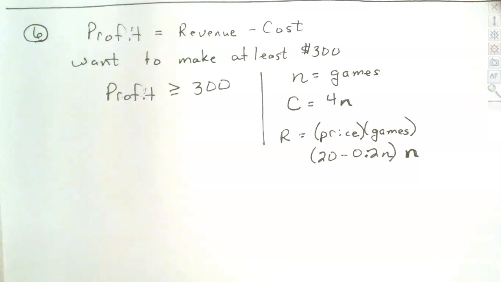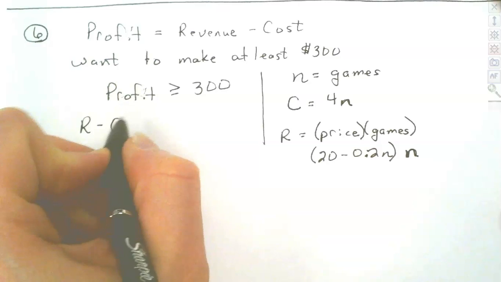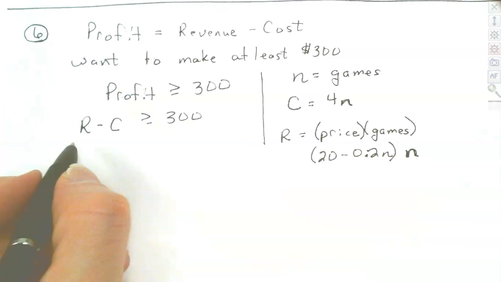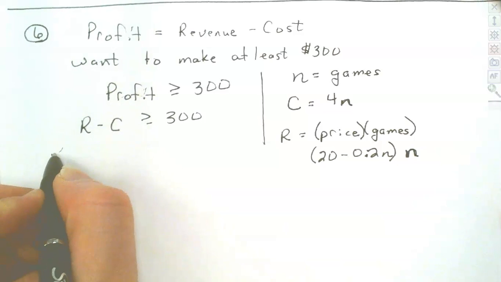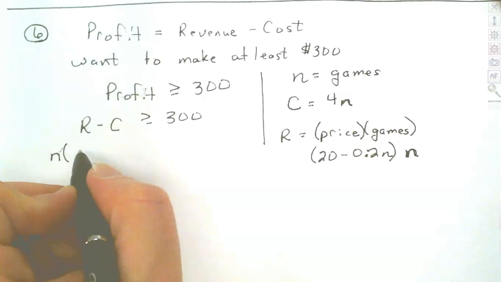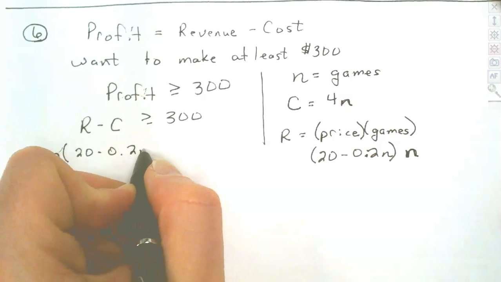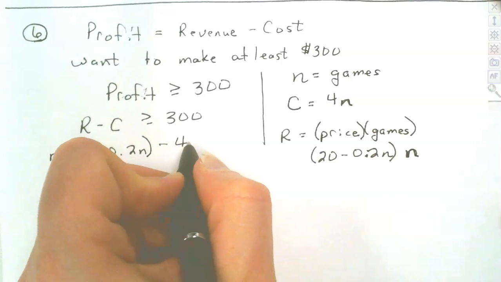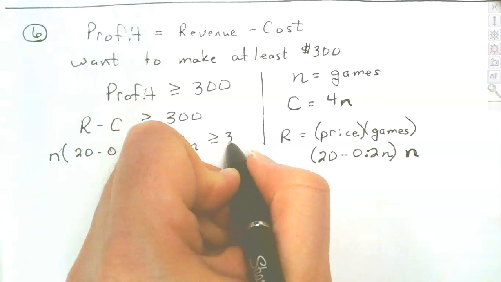So let's now look at our profit. So our profit is our revenue minus the cost. And we've got our revenue, and I'll just put the N in front. Our revenue is N times 20 minus 0.2N minus our cost, which is 4N, and we want that to be greater than or equal to what?